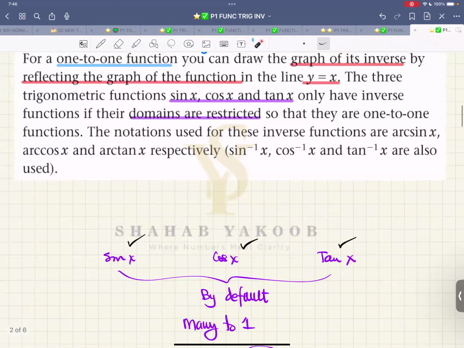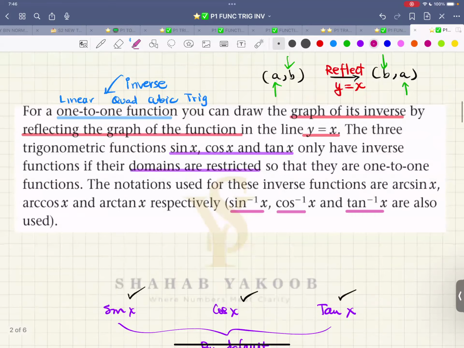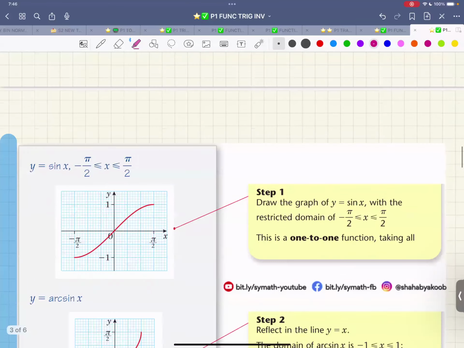So if we restrict the domain so that they are one-to-one functions, the notation used for these inverse functions is arcsin, arccos, and arctan. We are more interested in these, which are written as sine inverse, cosine inverse, and tan inverse. That is the basic idea when we talk about inverse functions for trigonometric functions.